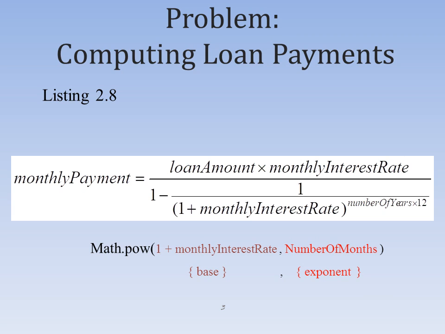The base is 1 plus the monthly interest rate, and the exponent is simply num of months. Recall that we can do square roots, cube roots, quarter roots, whatever you desire, simply by using a fractional exponent.